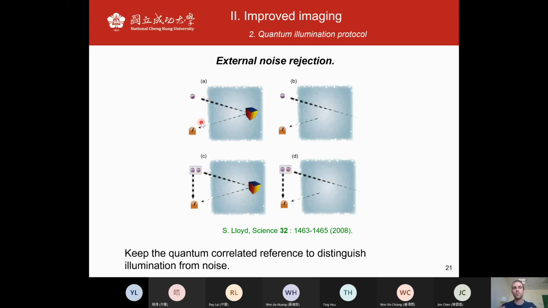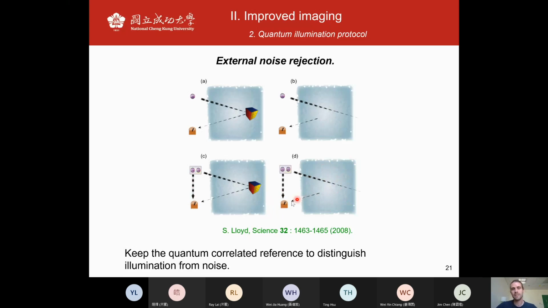But what you can do is use correlations, and in particular quantum correlations, to actually detect a signature of your correlation within this backscattered light, which means that basically the backscattered light will be correlated to a reference light that you are keeping here, but the environmental noise, however, will not be correlated to this reference that you keep here.